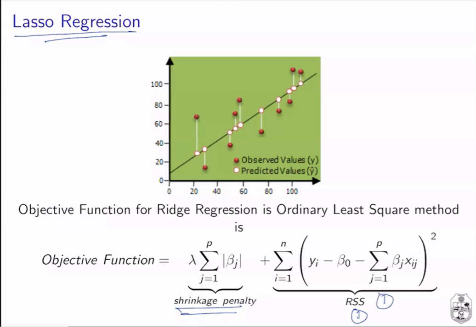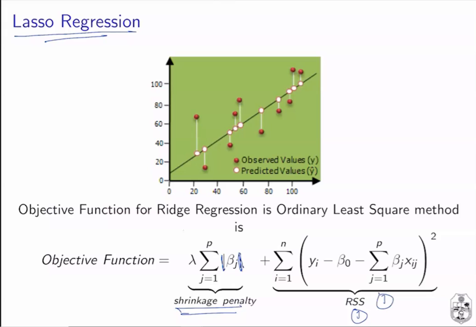But in the shrinkage penalty, we want to make the coefficients positive, and here in case of the lasso regression, the absolute value of each coefficient is taken instead of the square of the coefficient. So that is the difference between the lasso regression and the ridge regression.